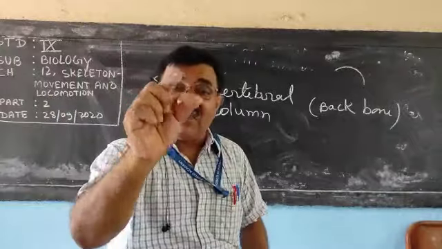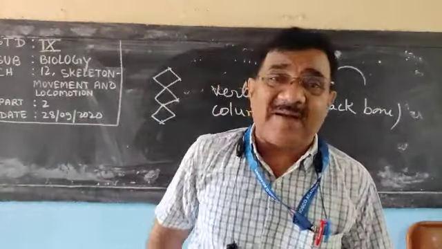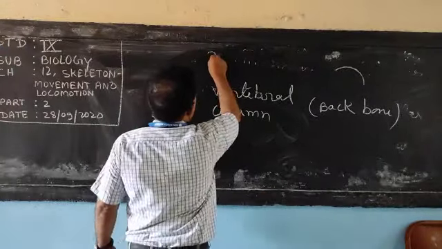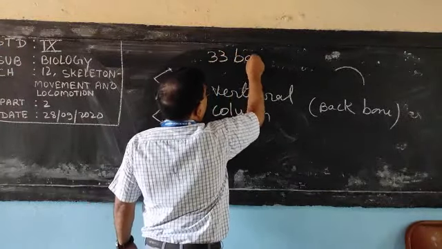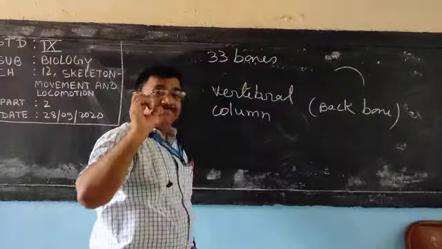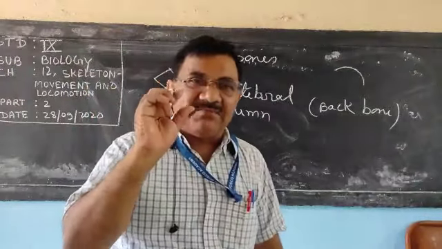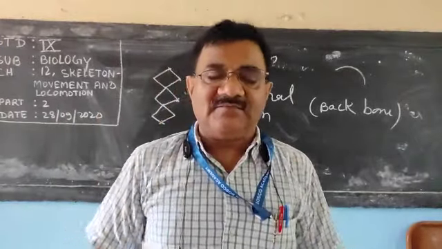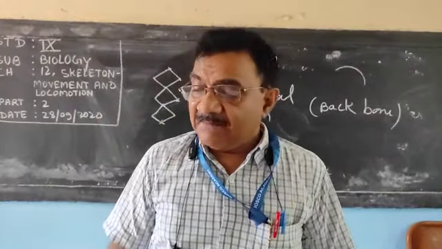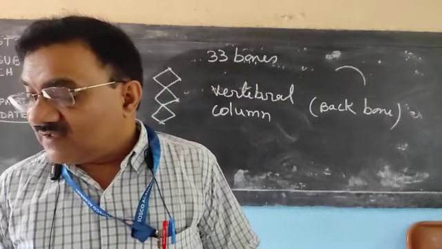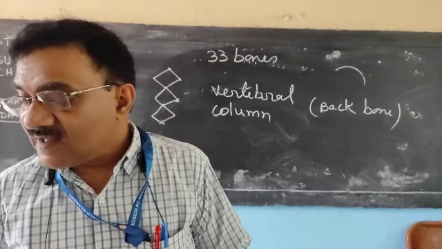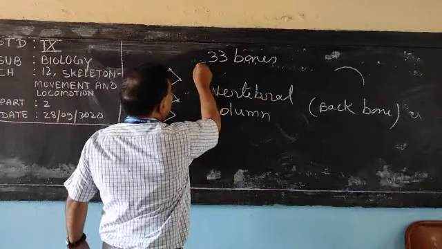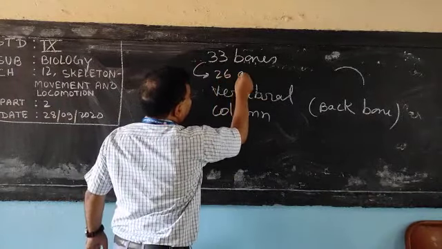Now a question arises. How many pieces of bones are joined in our backbone? Total 33 bones are there. Means 33 pieces of the vertebral column are joined together to make our backbone. This part is clear, and out of 33 only 26 are visible.